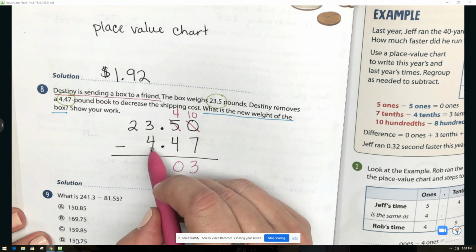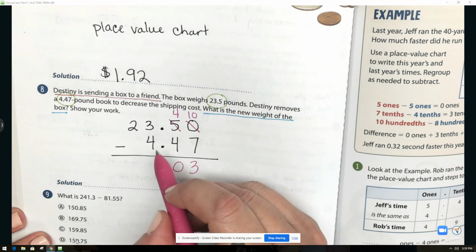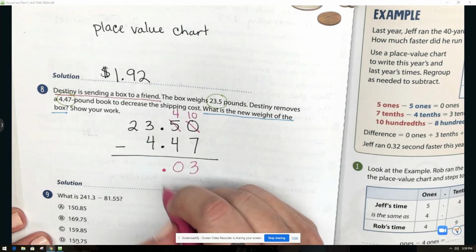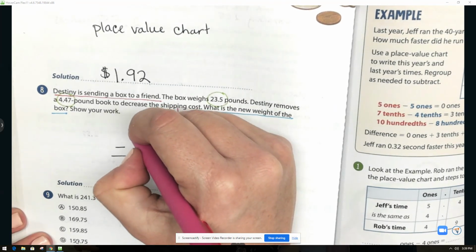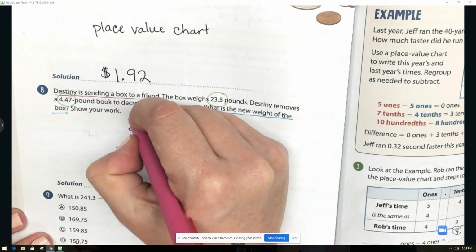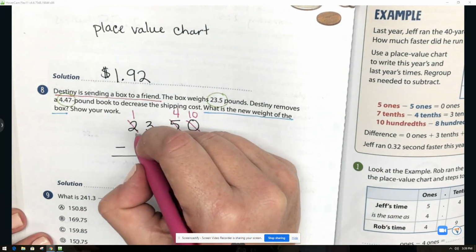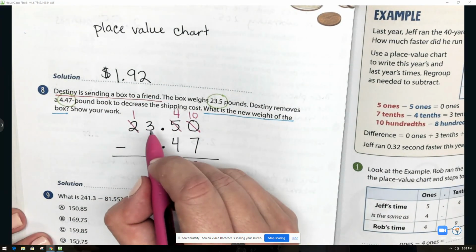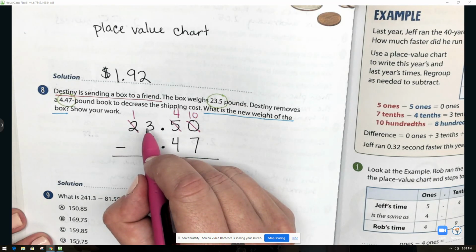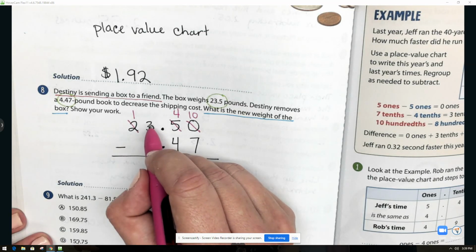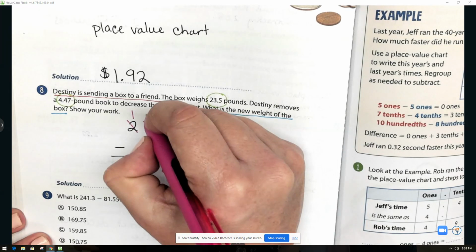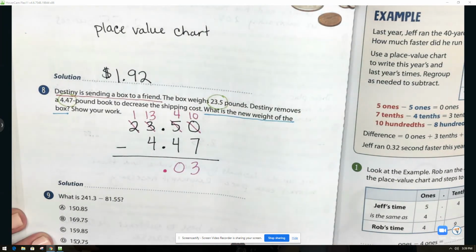3 ones minus 4 ones, we can't do because we need more ones. So we're going to regroup and take 1 ten, excuse me, we're going to take 1 ten and add 10 ones to the 3 that is here. So 10 plus 3 is 13.